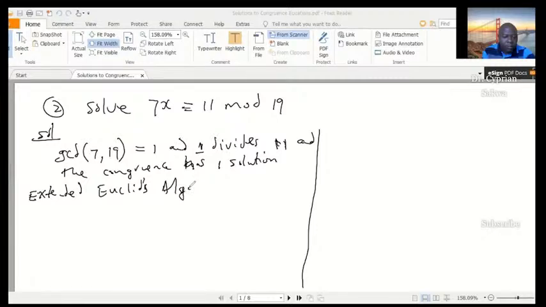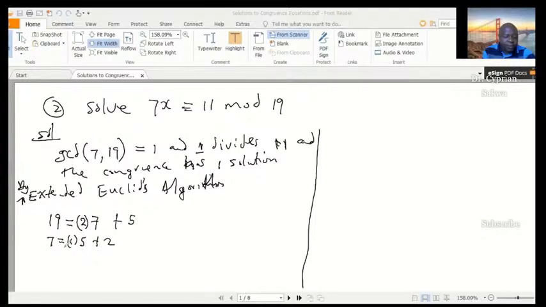By this extended Euclid's algorithm, I want 19 divided by 7, and of course 7 will divide it twice because of 14. The remainder will be 5. Then 5 into 7 will be 1, and the remainder will be 2.